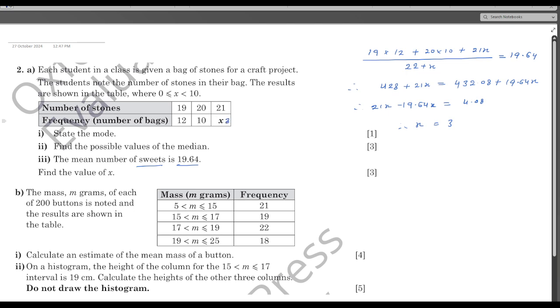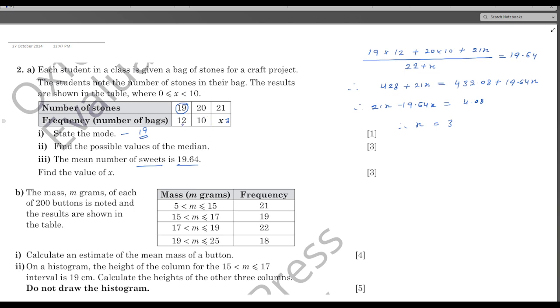Now as I know the value of x, I can state the mode. In this bag, the number of stones 19 is repeating the maximum number of times, it is repeating 12 times, so your mode is 19. Now find the possible value of the median.